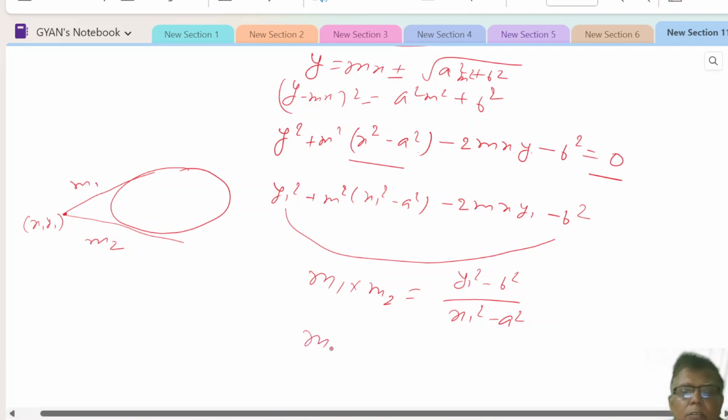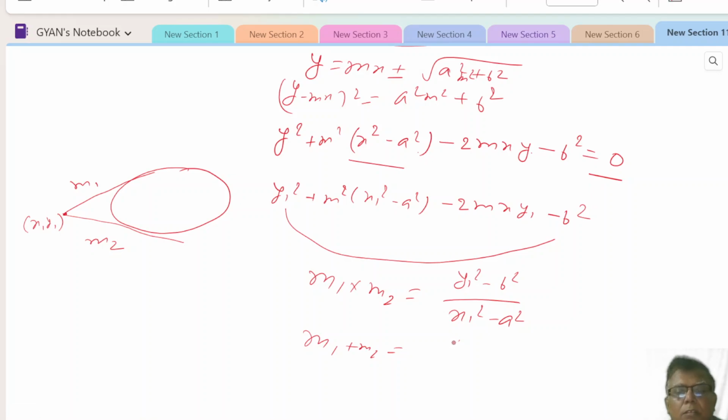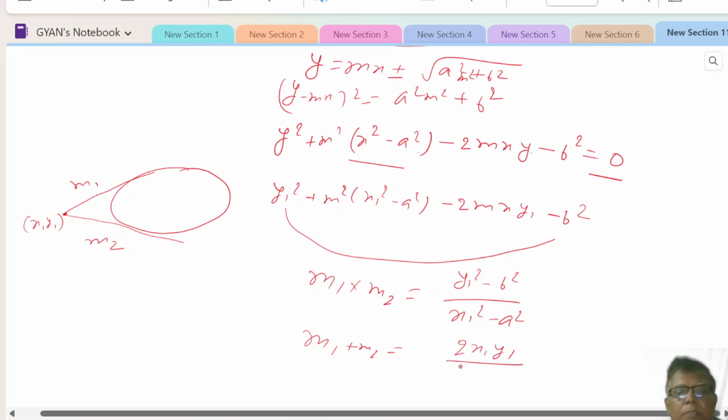And m1 plus m2 will be minus b by a, that means 2x1 y1 divided by x1 square minus a square.